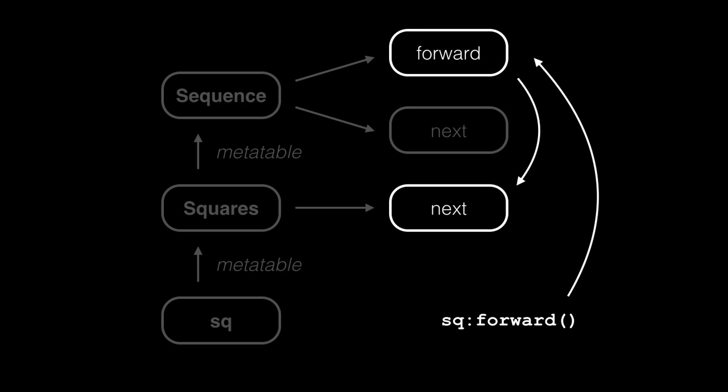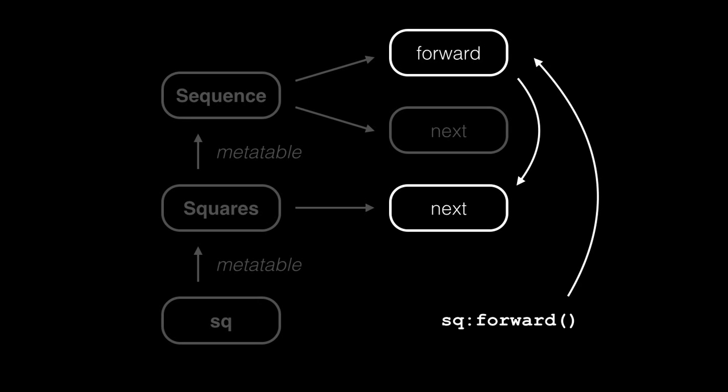What is the value of self? It's set to SQ. So when forward calls self next, Lua begins the lookup starting at the bottom of the metatable chain with SQ itself. So any methods defined in squares get to override methods defined in superclasses like sequence. This is how single inheritance works in Lua.